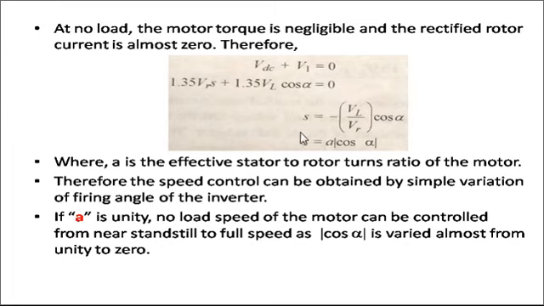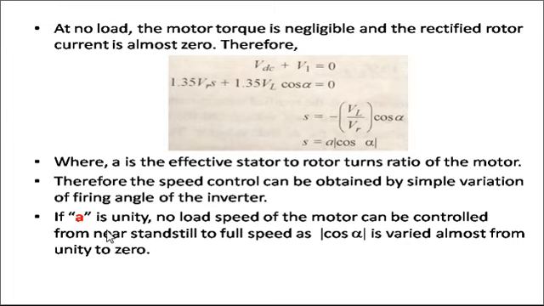Now S is equal to A modulus of cos alpha, where A is the effective stator to rotor turns ratio of the motor, and therefore the speed control can be obtained by simply varying the firing angle of the inverter.